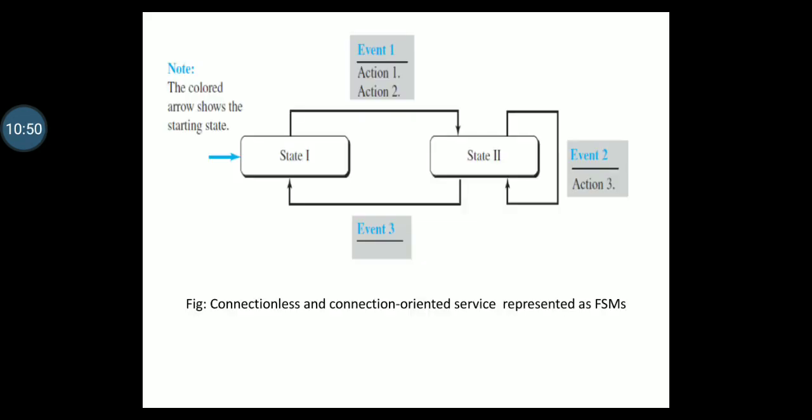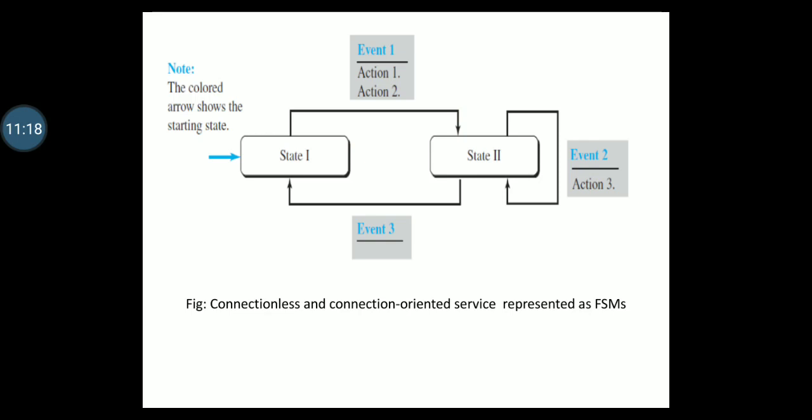This figure shows a machine with three states using FSM, representing connectionless and connection oriented service. There are only three possible events and three possible actions. The machine starts in state 1.